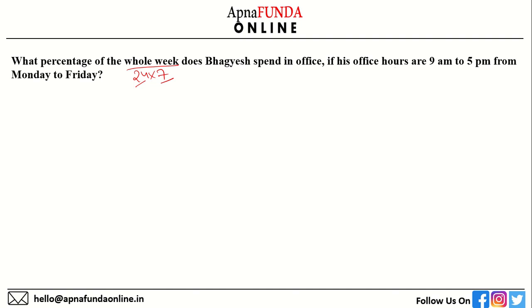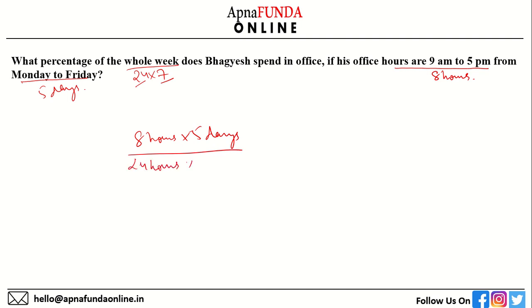His office hours are 9 a.m. to 5 p.m. That becomes how many hours? That is 8 hours. Monday to Friday. That is 5 days. So 8 hours into 5 days divided by 24 hours into 7 days into 100. This is what we are asked to calculate.